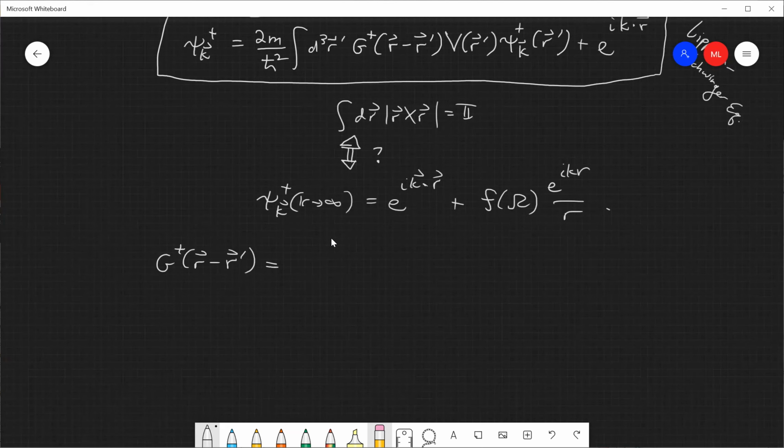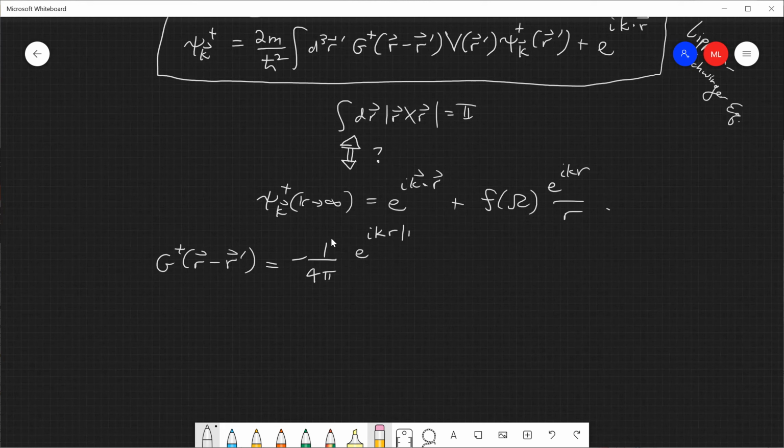And if we write this out, you get the minus 1 over 4 pi. You've got the e to the i k r, and now we're going to write, so this is the magnitude of the difference between r and r prime.